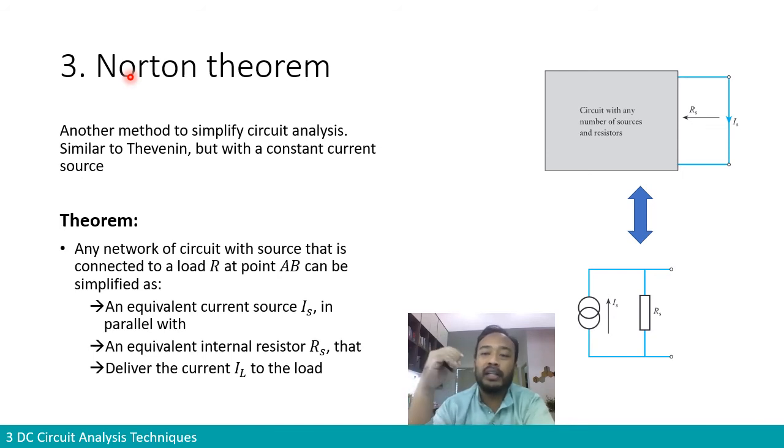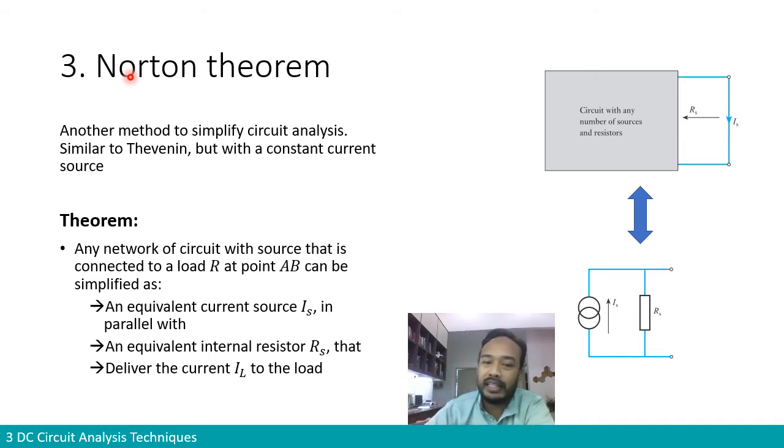For example, if on the load what you're going to find is the current, it would make more sense to do Norton theorem, because Norton theorem gives you directly the current, because it is a current source. The level of difficulty is the same. But if you are analyzing the voltage on the load, it makes more sense to do Thevenin theorem, because Thevenin theorem gives you directly the voltage across the load.